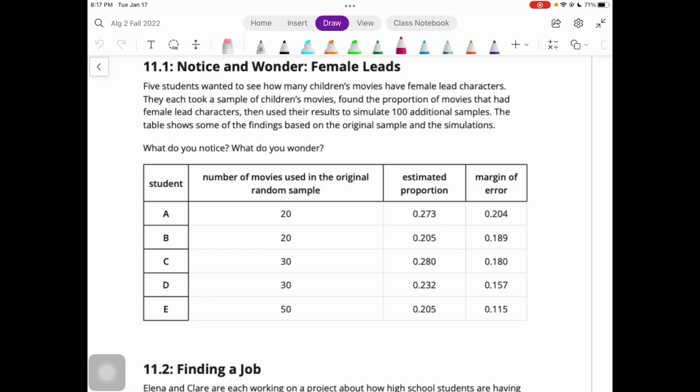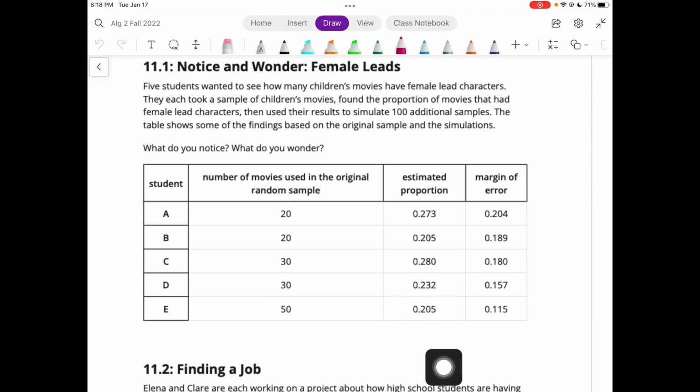So some of the movies used in the original random sample, 2 of them used 20, 2 of them used 30, 1 of them used 50. And you can see the estimated proportions in this column and the margin of error in this column.